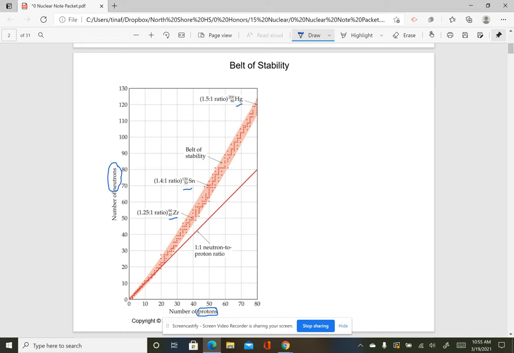Up here, we have mercury, where the ratio is 1.5 to 1. Again, the heavier you are, you can get away with being far away from that 1 to 1 ratio. But we do get to a point where polonium and higher. So if you look up the atomic number of polonium, anything with an atomic number higher than that is going to have no stable isotopes.